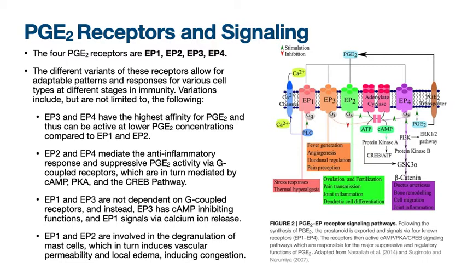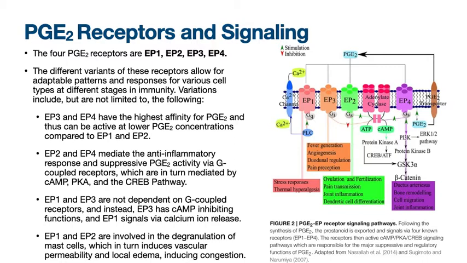And here is a list of types of receptors that we can look at. EP3 and EP4 have the highest affinity for prostaglandin E2, and thus they can be active at way lower PGE2 concentrations compared to EP1 and EP2.